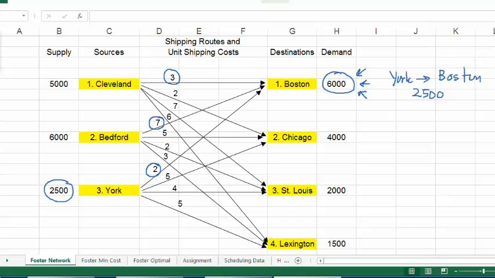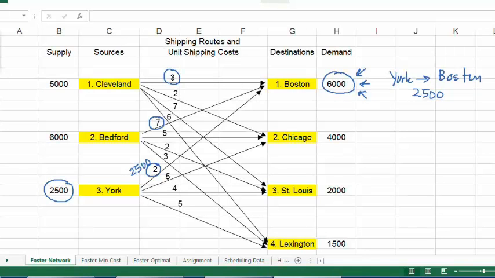That means Boston still needs to receive more. York is not enough, so we have to go somewhere else to get more. So 2,500 going this way.